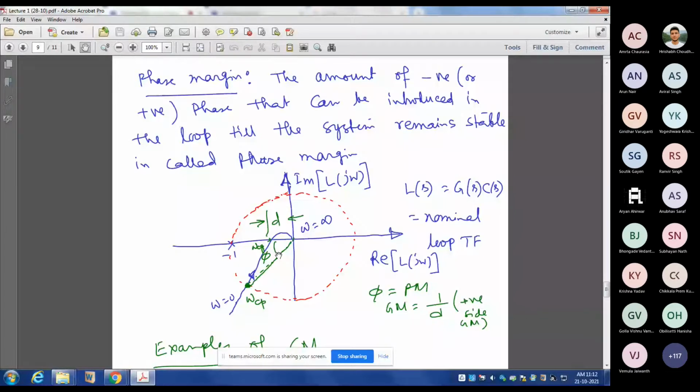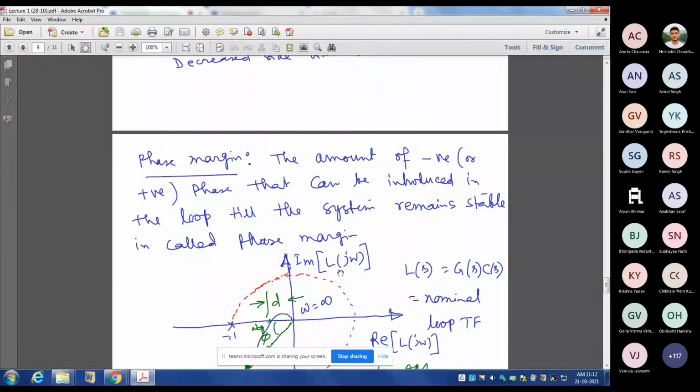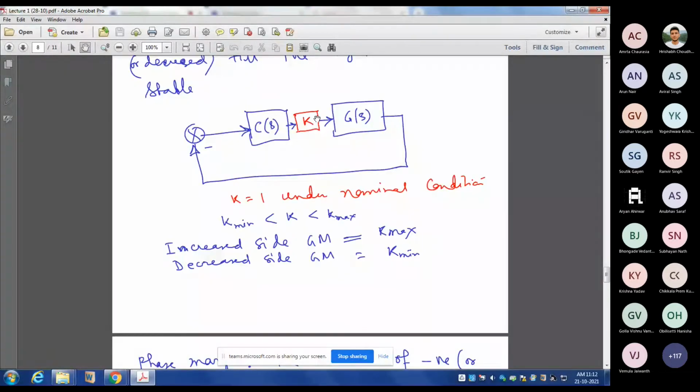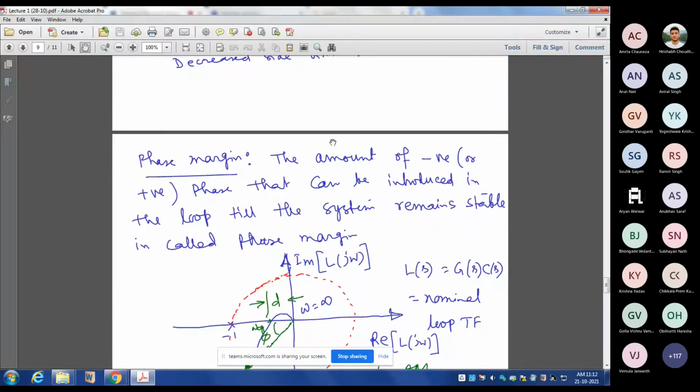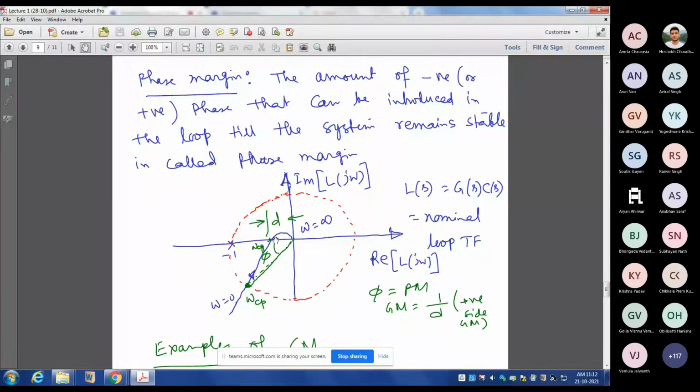Okay, so for example, this is the feedback loop, k equal to 1. Now if we add a phase term e to the power of minus j phi, that is phi amount of phase lag, if we insert negative phase in the loop, then the system will start oscillating, because this point will rotate clockwise by phi angle.